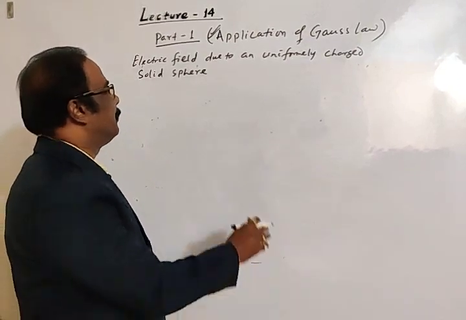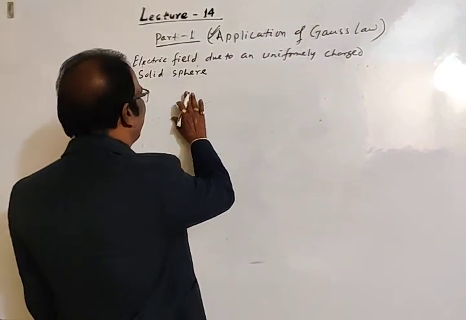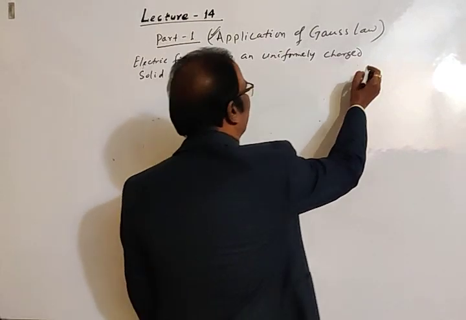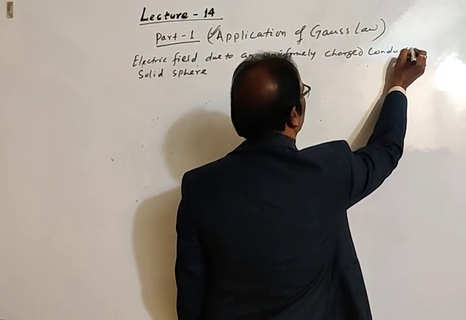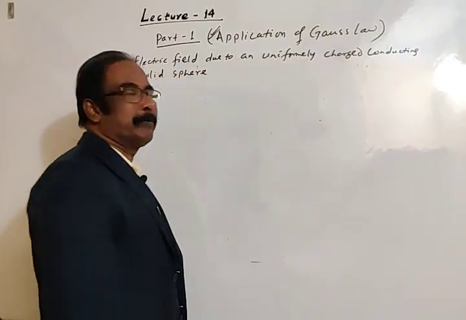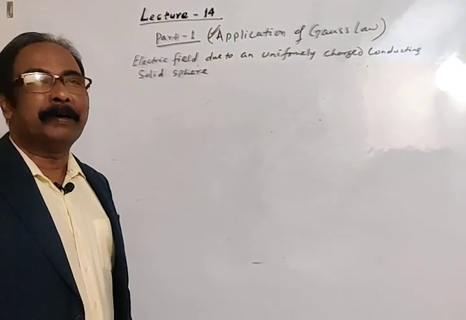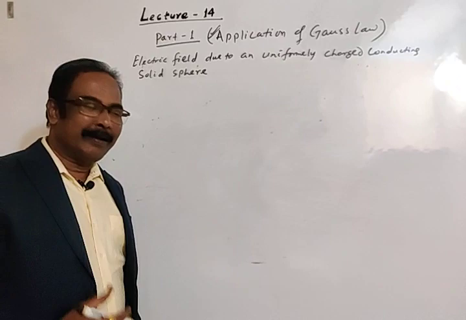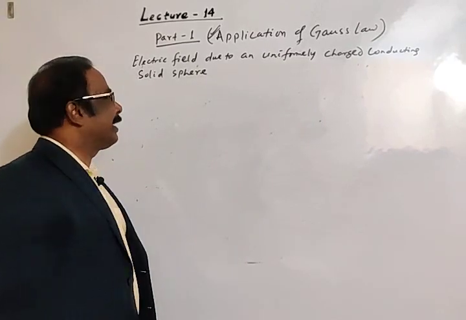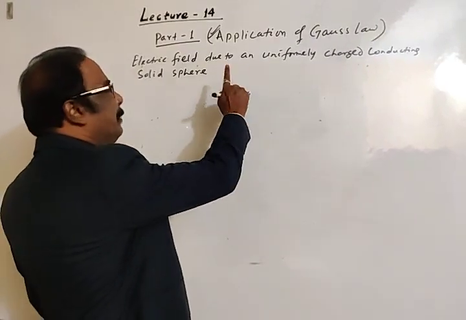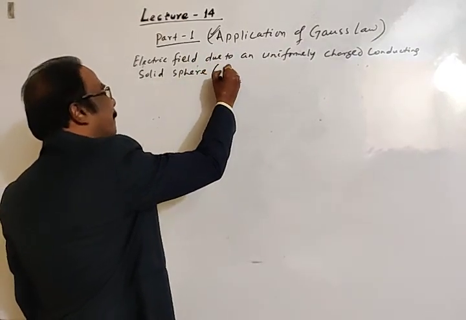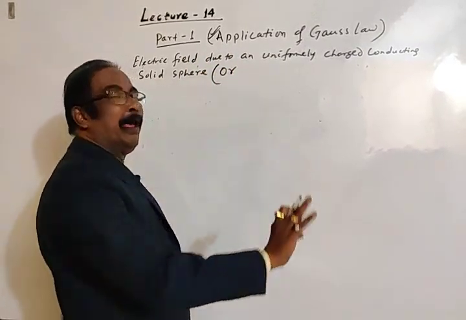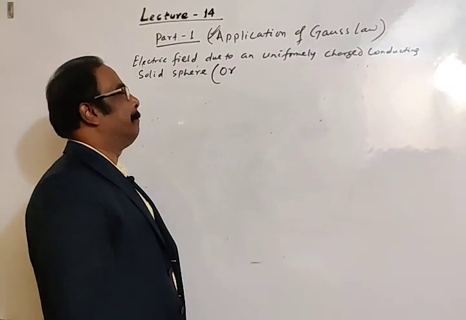Of course, I have taken, you may take a charged conducting solid sphere. The solid sphere is made up of conducting material. You may take metals, okay, conducting material. Uniformly charged conducting solid sphere, or the similar case, the result will be same.